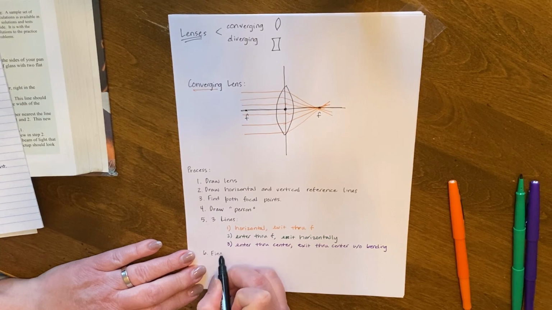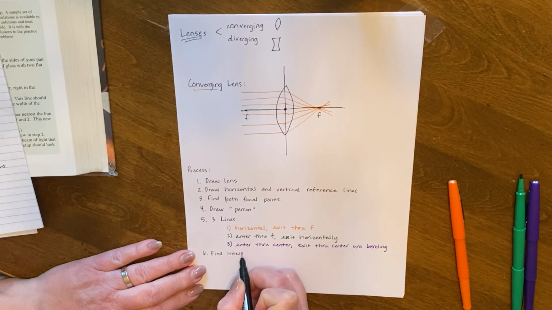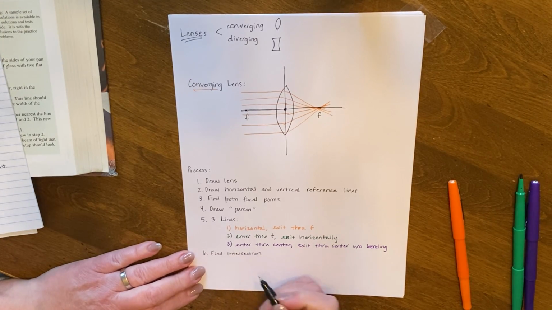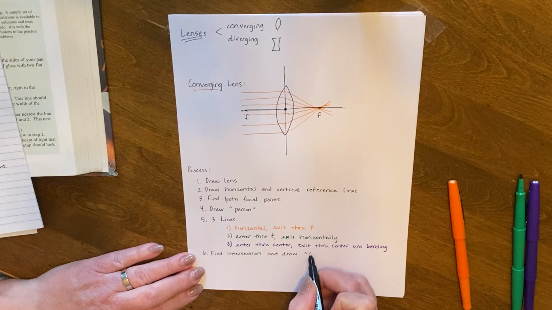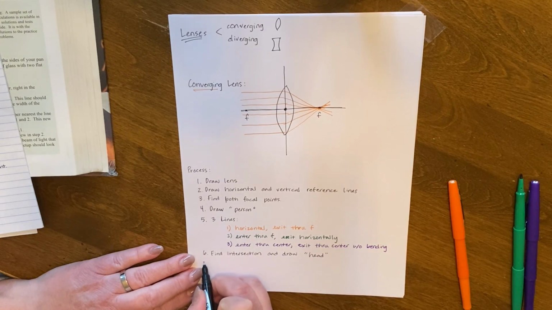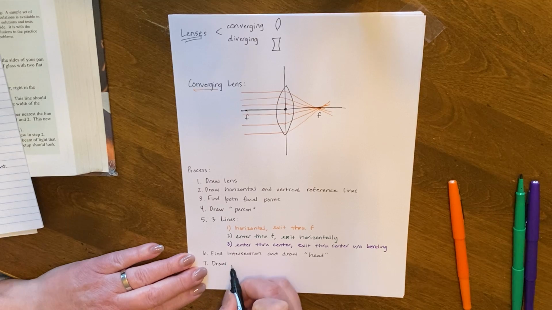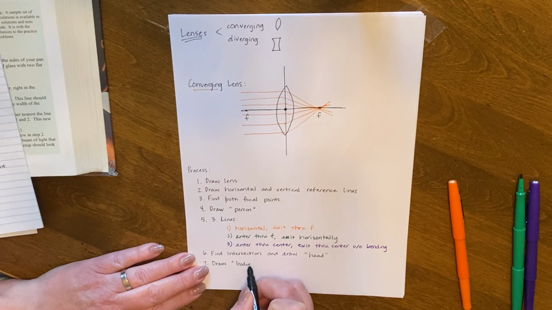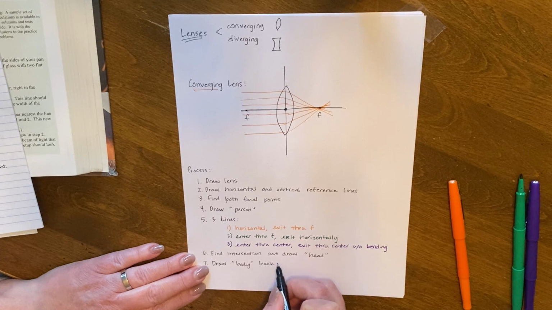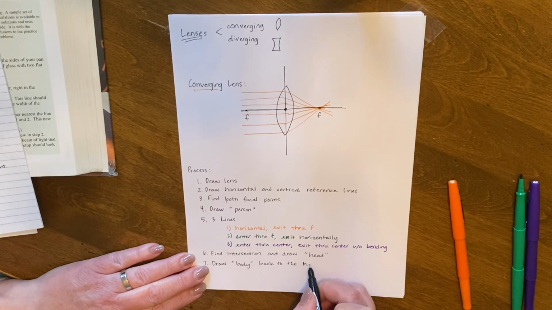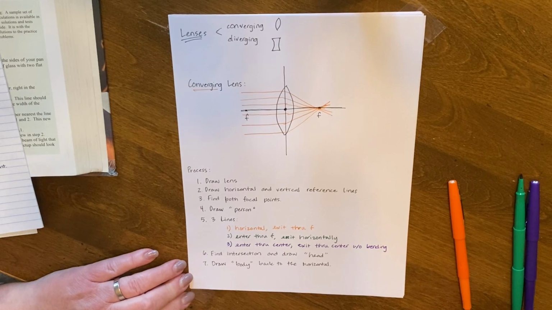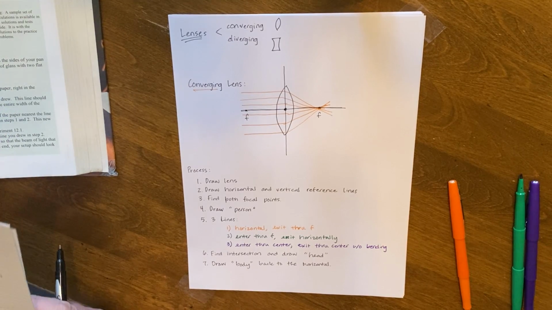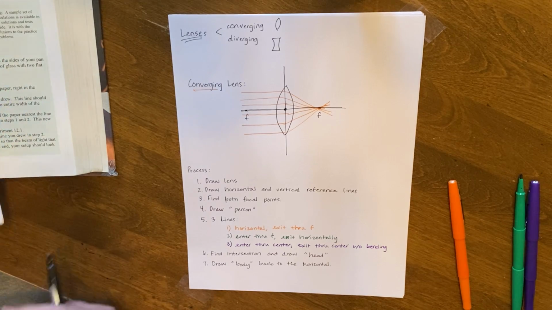Then we'll find the intersection point of the 3 lines. And where they intersect, we're going to draw our head. And then from the head, we're going to draw our body back to the horizontal. So a very similar process to what we used when we were looking at mirrors. A few slight changes, but very similar.